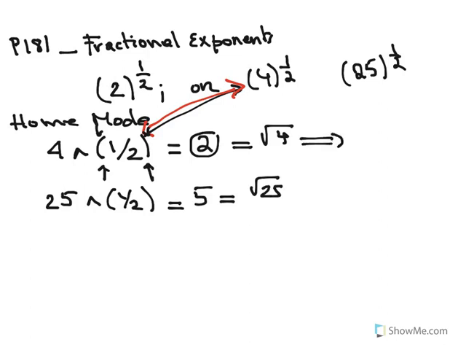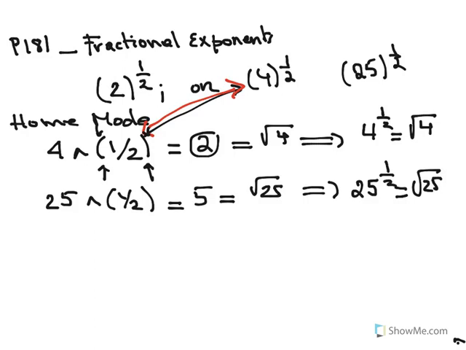So basically, 4 to the 1/2 is the same thing as the square root of 4, and 25 to the 1/2 is the same thing as the square root of 25. That's very important to know.